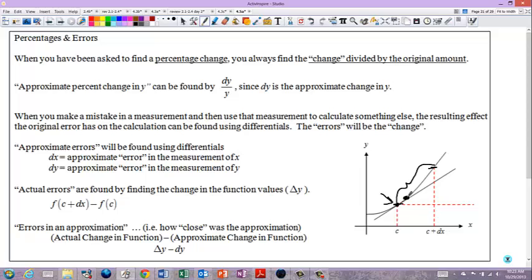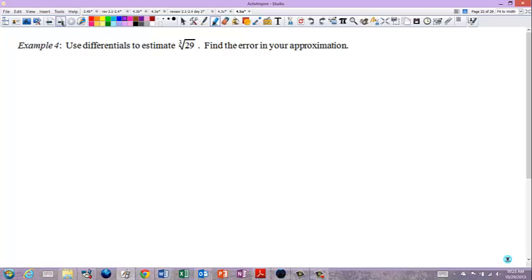It's not going to be exact. So to find the error, you just take what you get minus the approximation. It says use differentials. We're actually going to skip that. No, we're not. When it says use differentials, it's just asking you to use the tangent line equation.